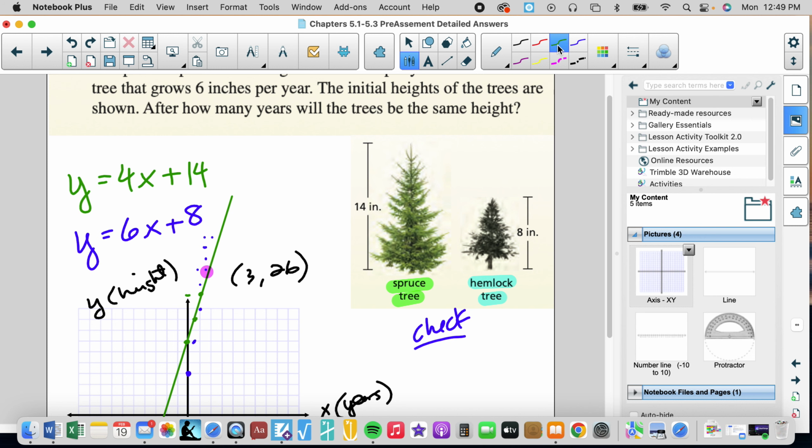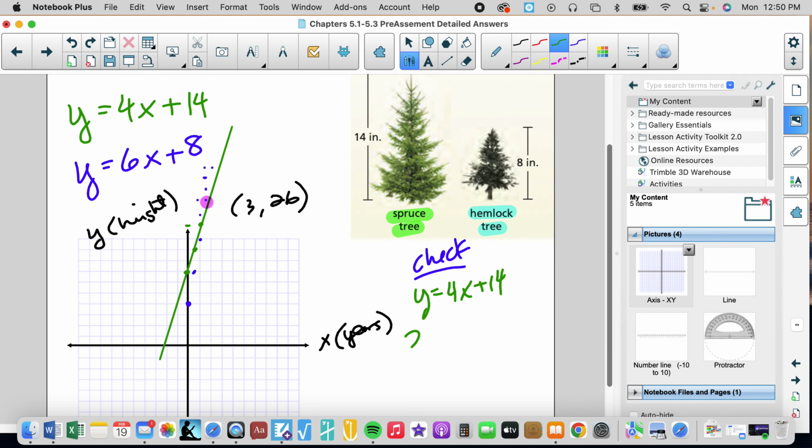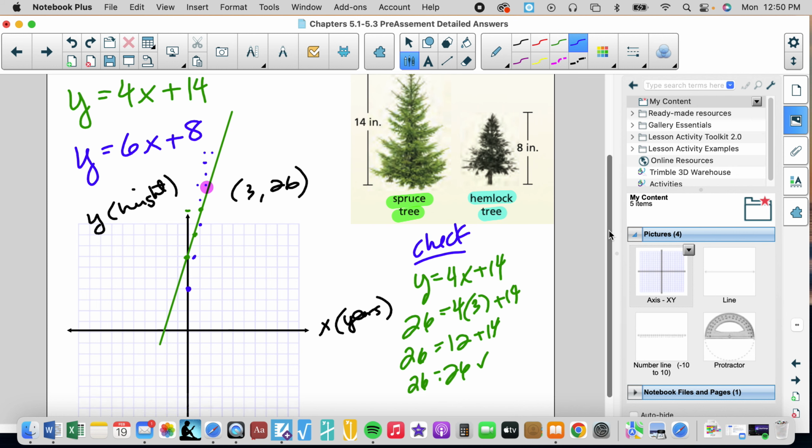Let's use green first. Y equals 4x plus 14. Plugging in 26, that's the height. 4 times 3 years plus 14. Does 26 equal 12 plus 14? 26 equal 26? Yes, so that worked for the spruce tree. Now we got to try for the hemlock.